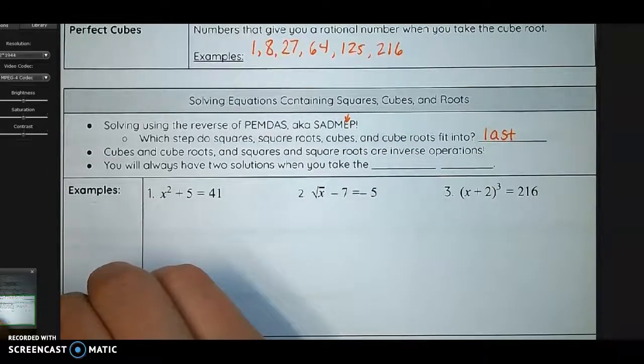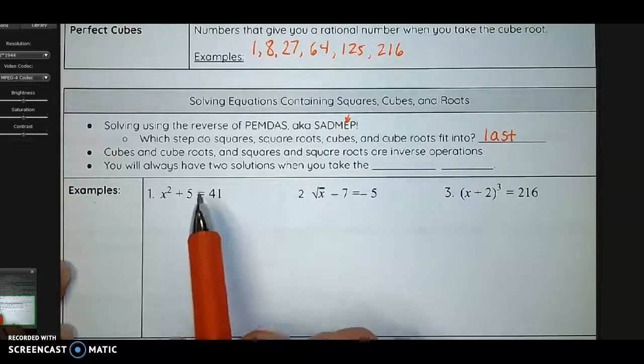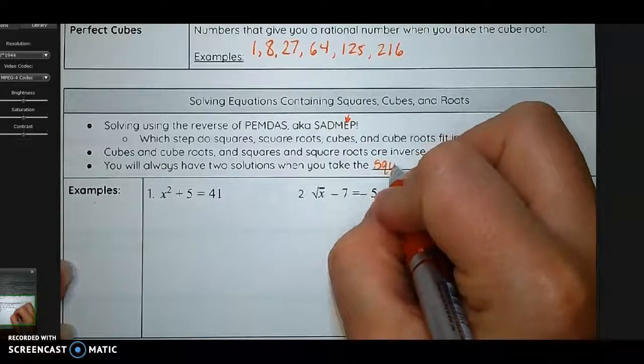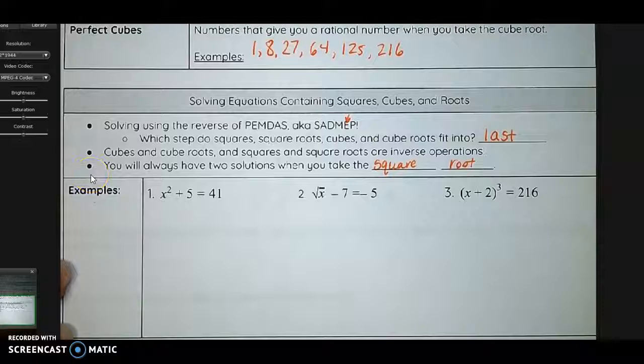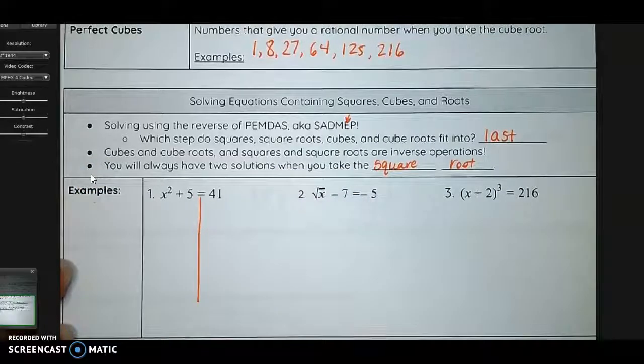I am going to show you what to do with that one here in just a second, because you're going to be like, wait a minute, that doesn't follow it. You will always have 2 solutions when you take a square root, and I'm going to show you that as well.